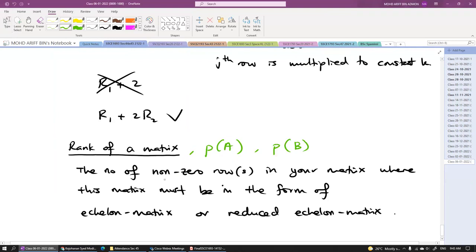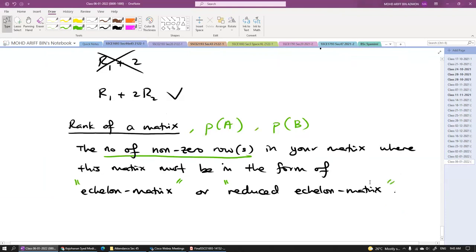Rank here is just the number of non-zero rows in your matrix, but your matrix must be in the form of an echelon matrix or reduced echelon matrix. What is the meaning of echelon matrix and reduced echelon matrix? So we go for echelon matrix first.